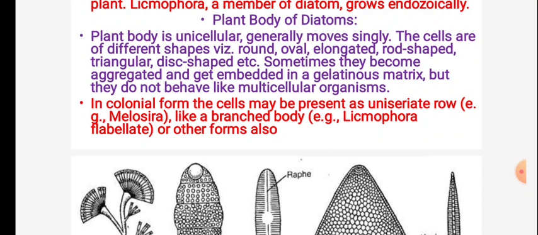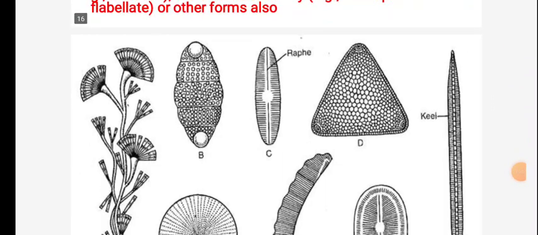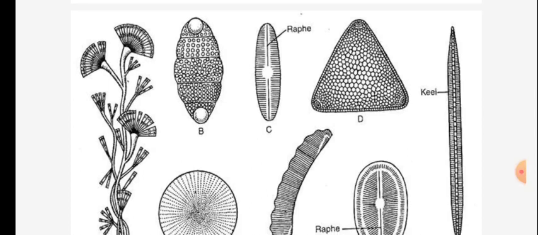Then the plant body of diatom is unicellular and moves singly. The cells are of different shapes: oval, elongated, rod shaped. So we have to consider this character. Please see these photographs of some. So raphe is the character.